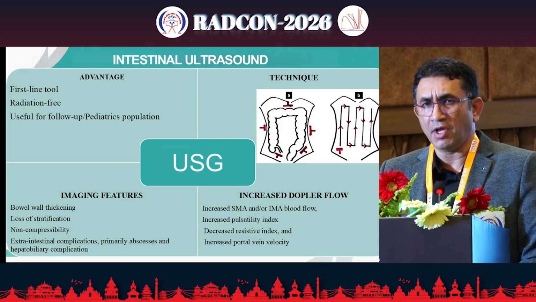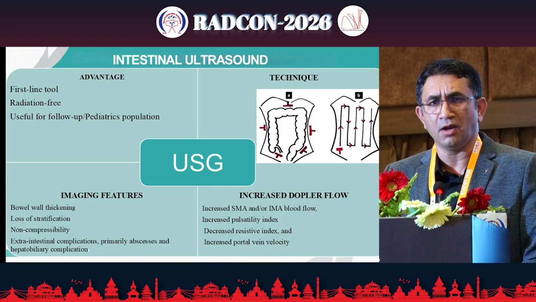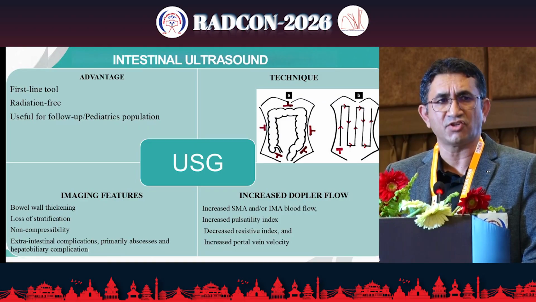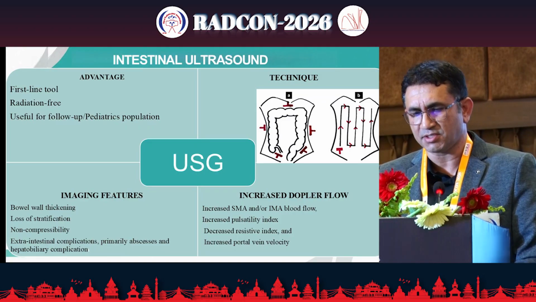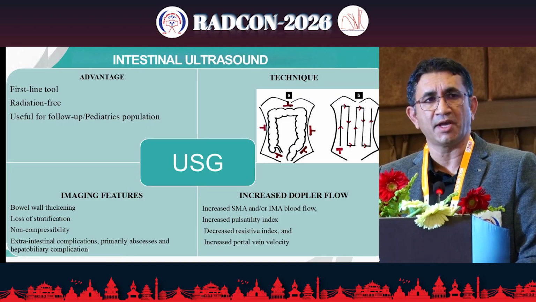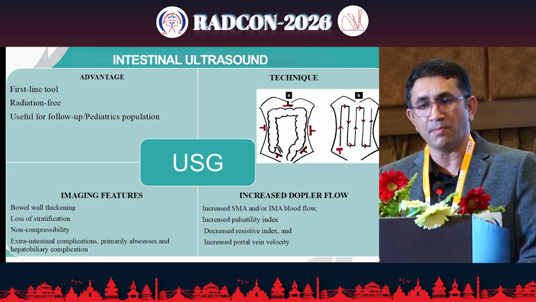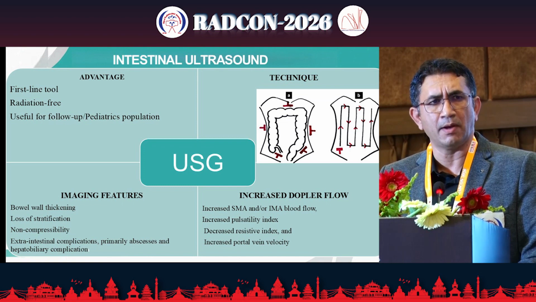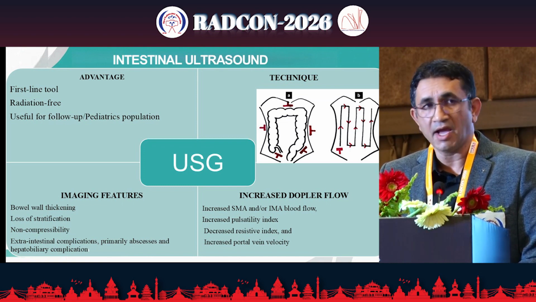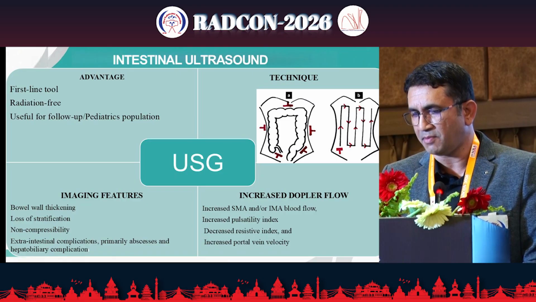The imaging features are bowel wall thickening, loss of stratification, non-compressibility, and some extra-intestinal complications like abscess or hepatobiliary complications. In Doppler, we can see increased SMA and IMA blood flow, increased PI, a reduced resistive index, and an increase in portal vein velocity.